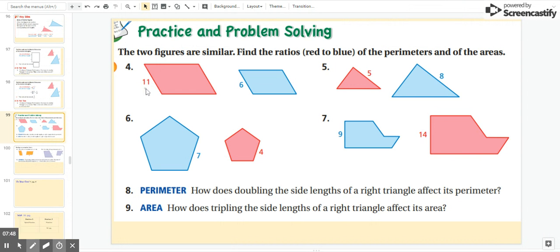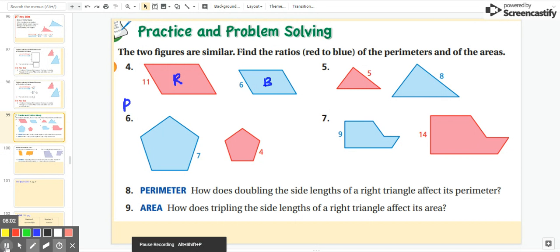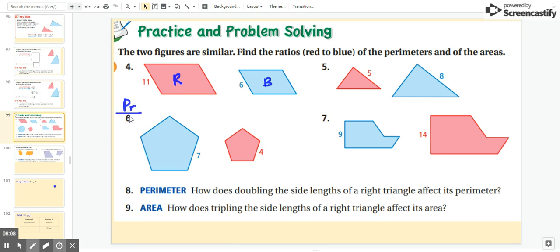All right, this is going to be your classwork. If you don't finish it, it's going to be your homework. I need you to label the ratio of the perimeter, red to blue. So you need to find the perimeter of red to the perimeter of blue, and the area of red to the area of blue.